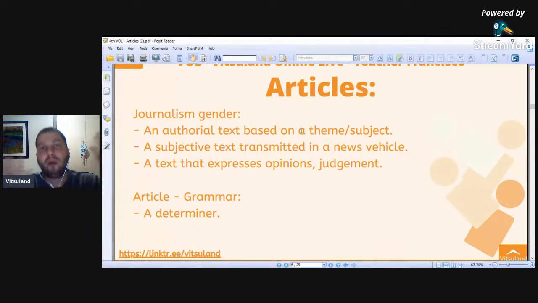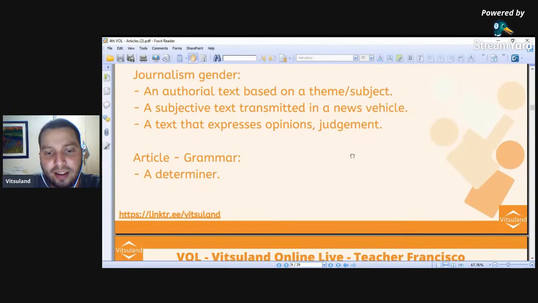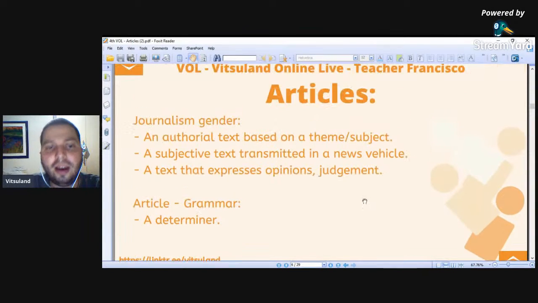There are gonna be other sessions in the future where we talk about other parts of speech, but today we're just gonna talk about articles, like understanding the situation and how to apply an article and how to verify if an article is properly applied or not. Okay, so this is the main idea.